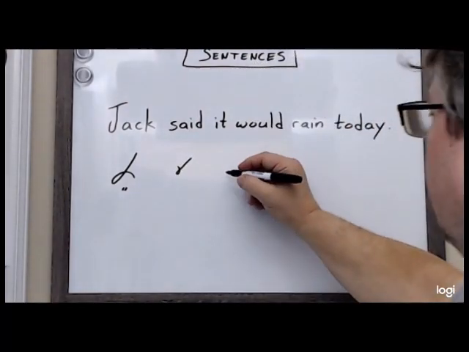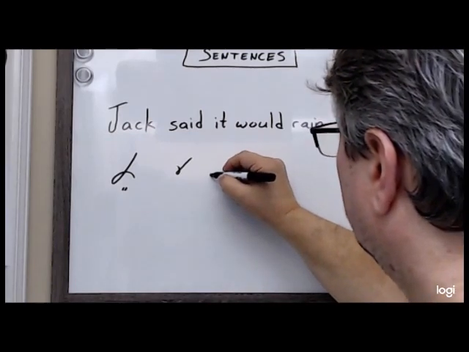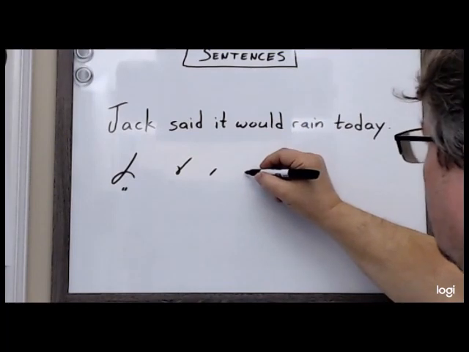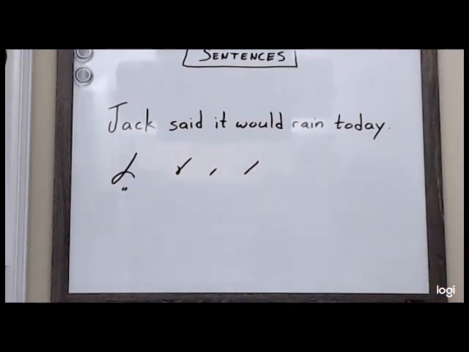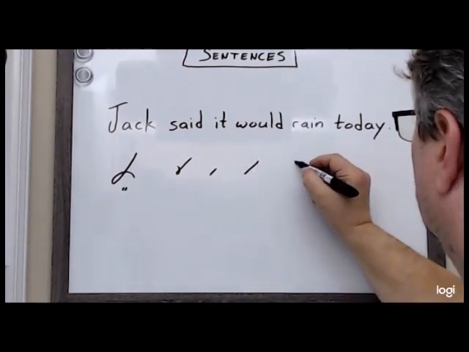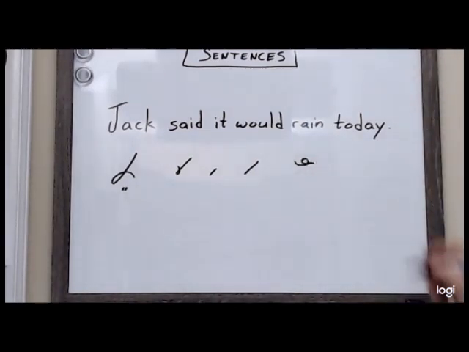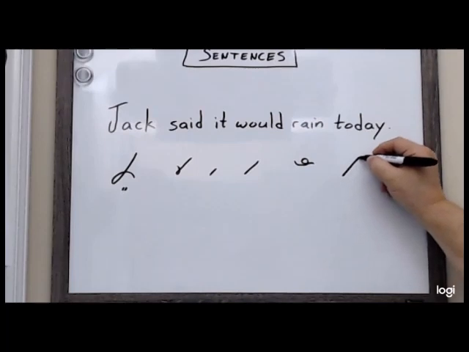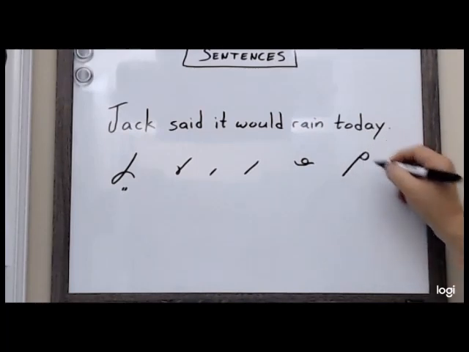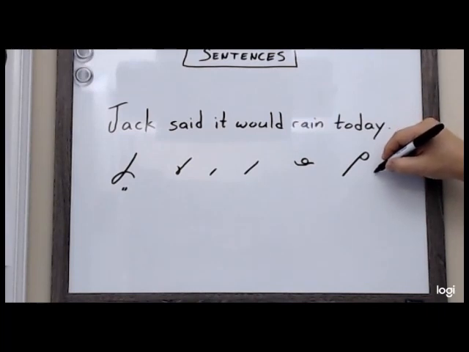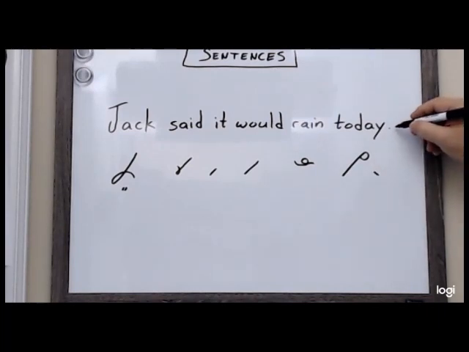It is a short form represented by the letter T. Would, represented by the letter D. Rain, R-A-N. And today is the TED stroke with the A at the end. And this downward stroke here represents the period.